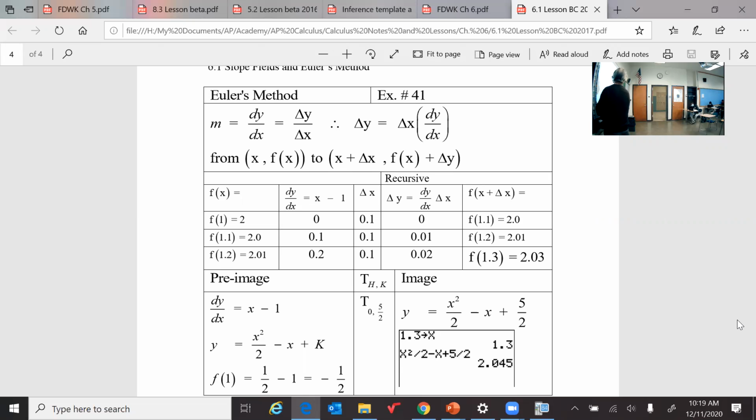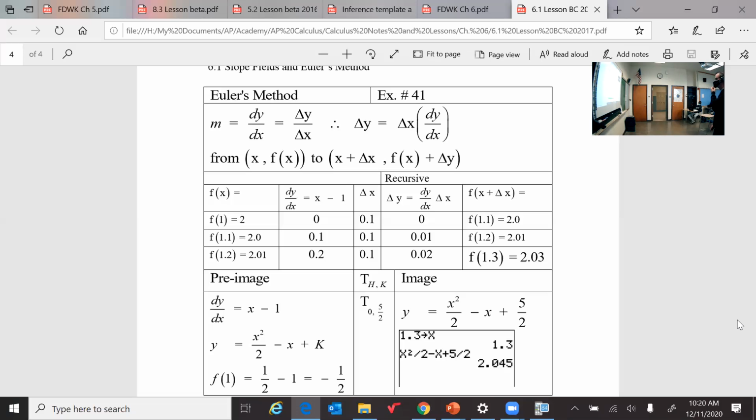The derivative at 1.2 is 1.2 take away 1, which is 0.2. 0.2 times delta x is 2 hundredths. You add 2 hundredths to 2.01, and you get 2.03. 2.03 would be the height at 3 for that linearized segment.